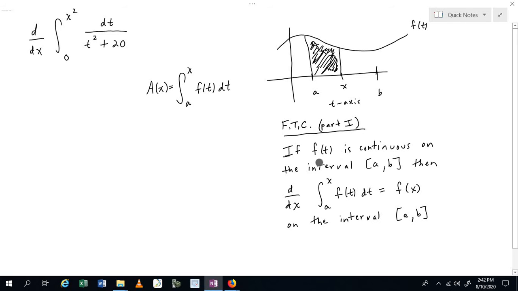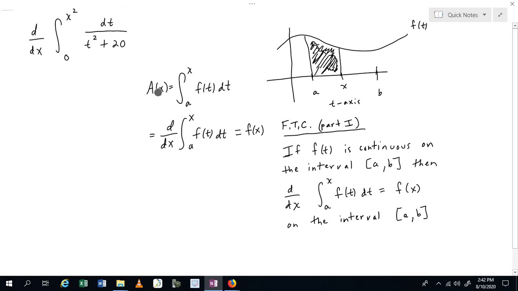The fundamental theorem of calculus tells us what happens when we take the derivative of this net area function with respect to x. If you were to take the derivative of this net area function with respect to x, you would simply get f, not evaluated at t, but f evaluated at this upper limit. So f evaluated at x.